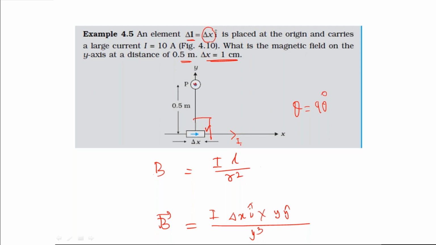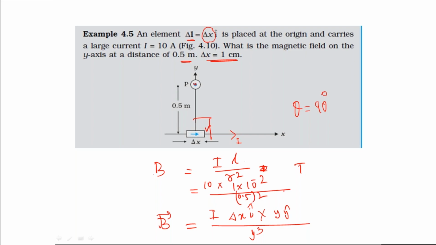Now in place of this, I'll write the values already given. This will obviously be in Tesla in SI unit. The current is 10 ampere, L is given as 1 centimeter, which I'll write in meters, and r is given 0.5 meter, so I'll write the square of this.